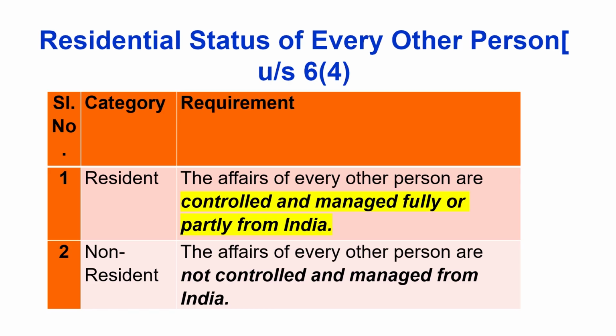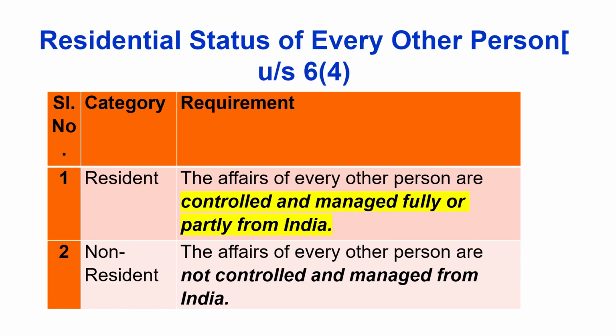In case of resident, the affairs of every other person are controlled and managed fully or partly from India. But in case of non-resident, the affairs of every other person are not controlled and managed from India.